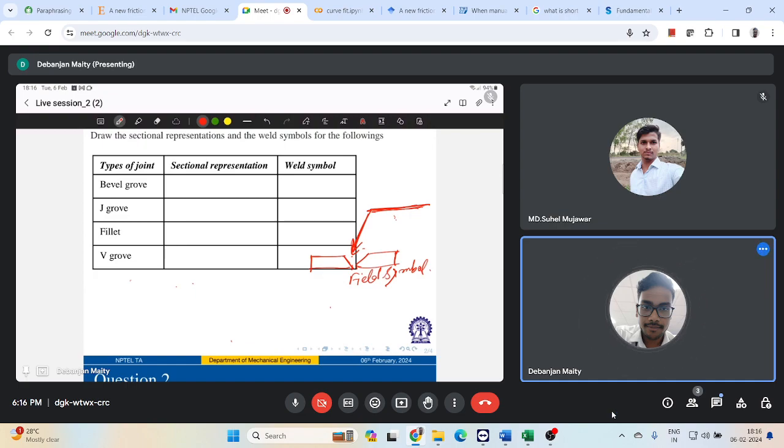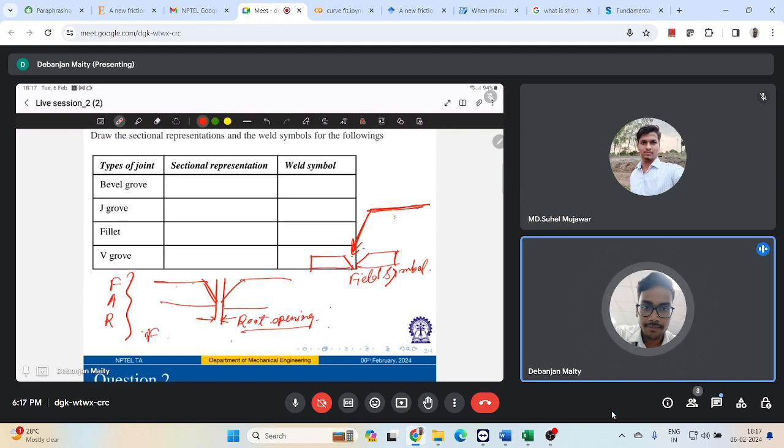You can mention three more things: F, A, and R. If you are doing, say, a V-butt joint like this, what is this distance called? This is my root opening. So R is for the root opening of the joint.